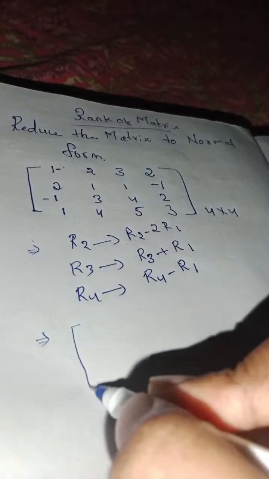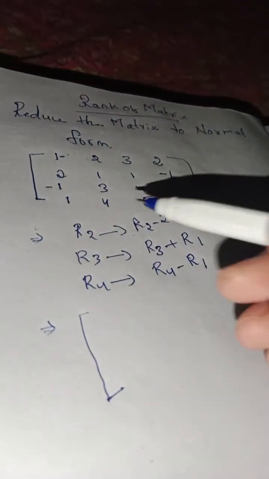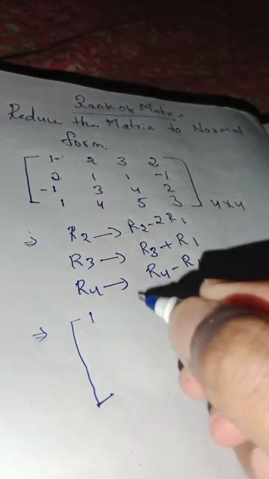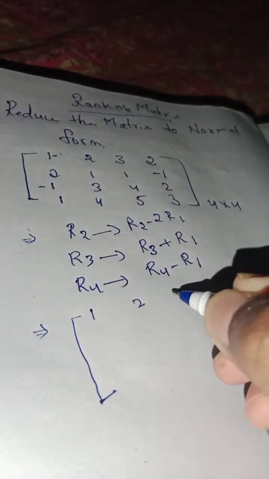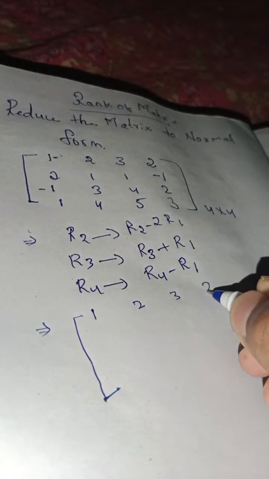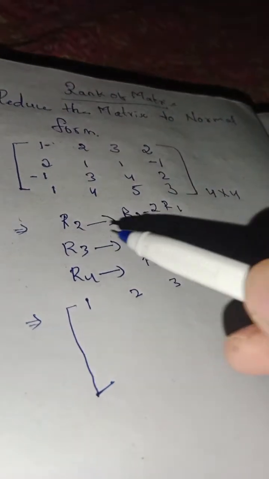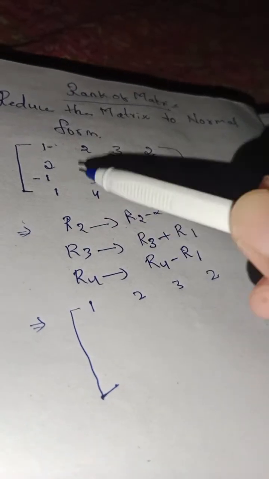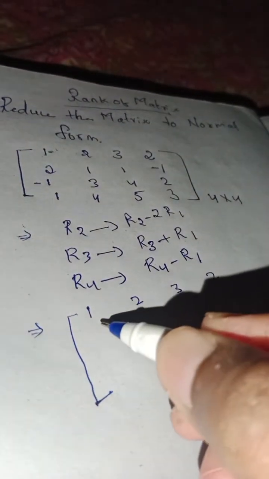What we are going to do now, we are going to write the first row as it is, because we have performed row operations for the second, third and fourth rows. So what is R2? R2 is R2 minus 2R1. So 2 minus 2 is 0.